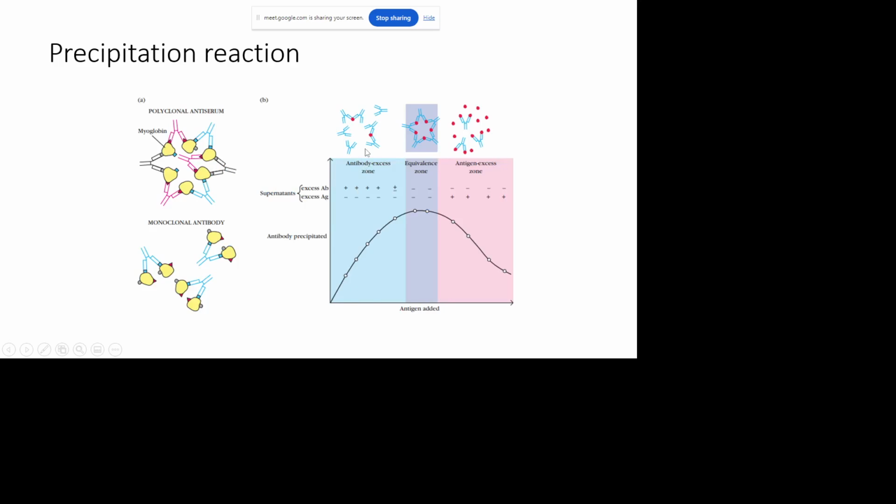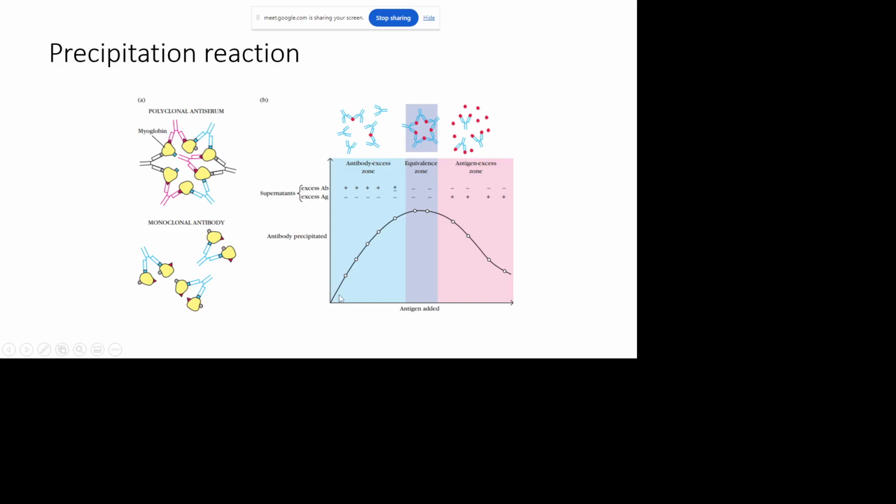When the antibody is significantly higher than antigen, it will not be able to make these cross links, right? So there will be very few antigen antibody complexes, and the rest of the antibodies will be free. In this antibody excess zone, antibody will be in excess and antigen will be very low, so they can't make the cross link and they can't make the precipitation. So initially there will be zero precipitation.